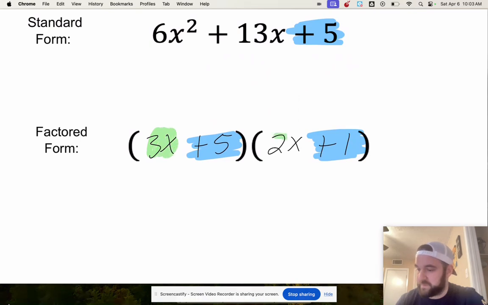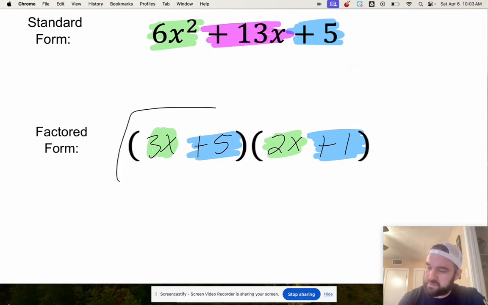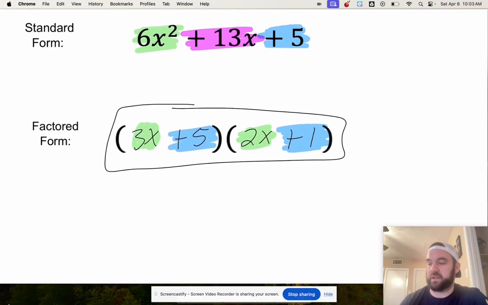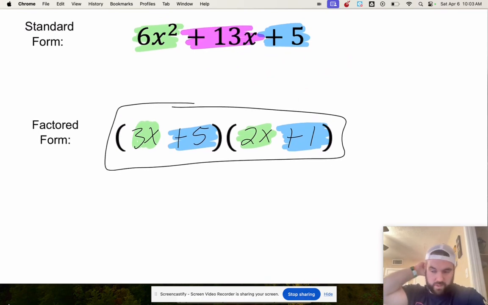And then sometimes the first thing you write down is so far from the right answer, you almost want to give up. But we're not going to do that. We're going to keep working. So 3x plus 5 and 2x plus 1. Clearly, you do not need to have your answer highlighted, but I'm just doing that for the sake of color coordination and understanding where these numbers are coming from.